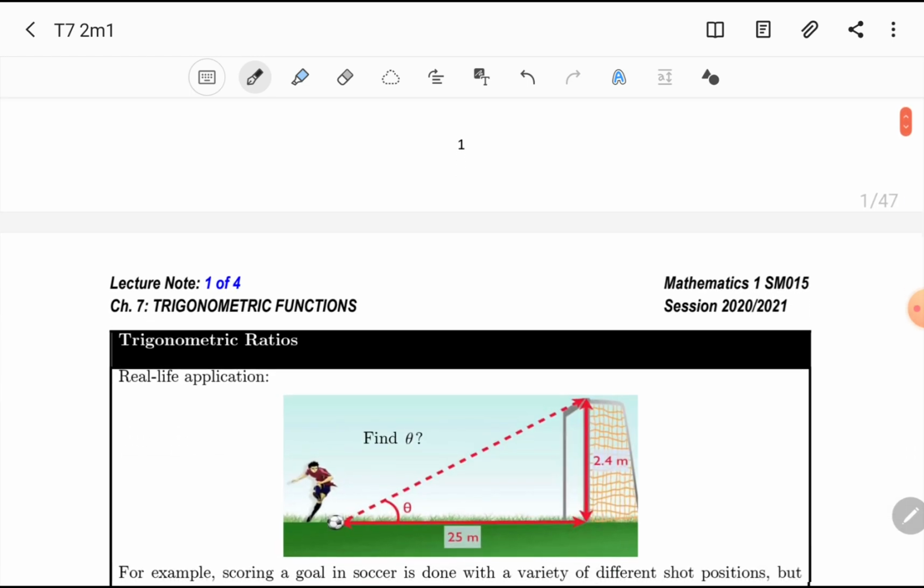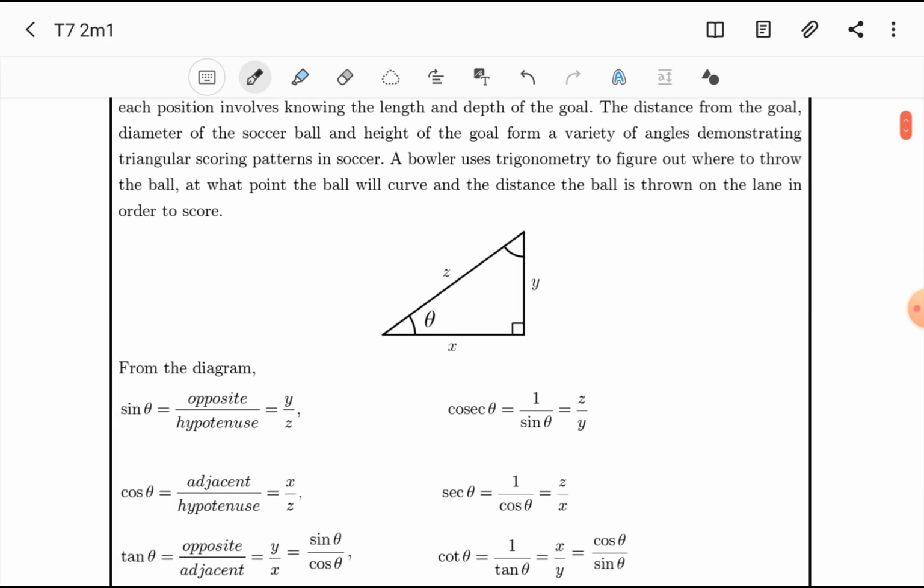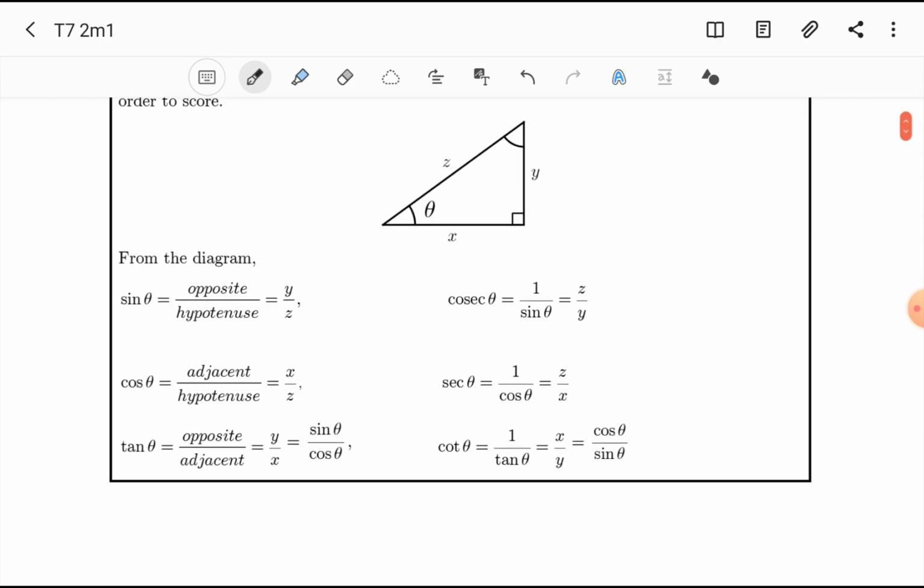Okay. So we go to the first one for trigo ratios. You can refer the given diagram. Okay, from the diagram, we know that sine theta is opposite over hypotenuse. So opposite is y. Okay, we have y, the opposite side, and hypotenuse is z here. So y over z.